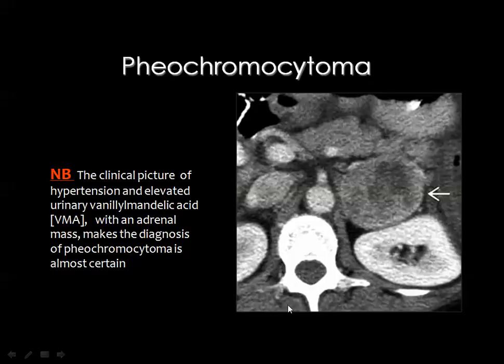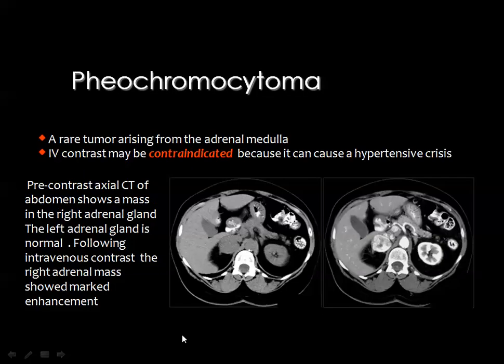And this is a pheochromocytoma, a mass in the region of the left suprarenal gland. The clinical picture of hypertension and elevated urinary vanillyl mandelic acid with an adrenal mass makes the diagnosis of pheochromocytoma almost certain. Pheochromocytoma is a rare tumor, not common.